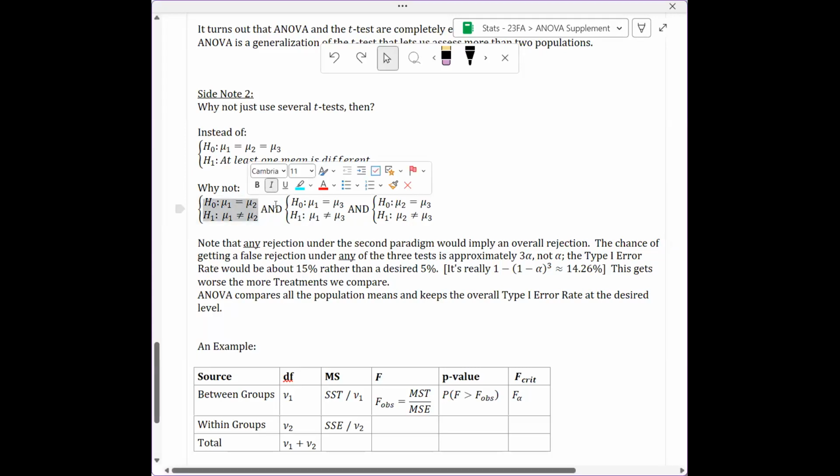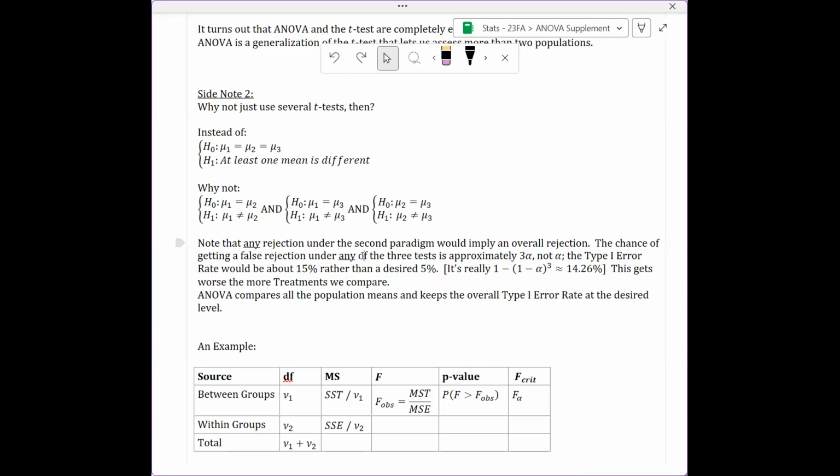That's like a 5% chance for each of them, or 15% total chance. It's really a little bit different, but my type 1 error would be near 15%, and certainly no longer controlled at 5%. And the more treatments, the more groups that we compare, the worse this gets.